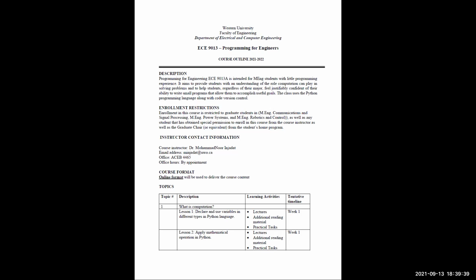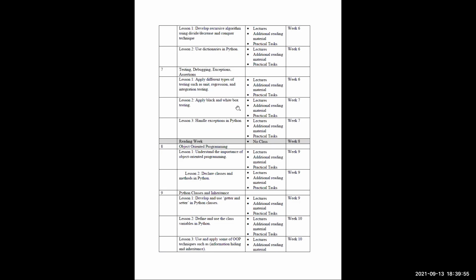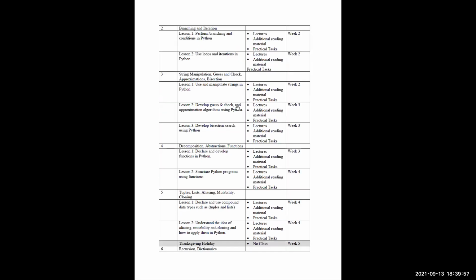In week 1, we will learn what we mean by computation, how we declare and use variables of different types in Python, and apply some basic mathematical operations. In week 2, we will discuss iterations and conditional statements using loops.